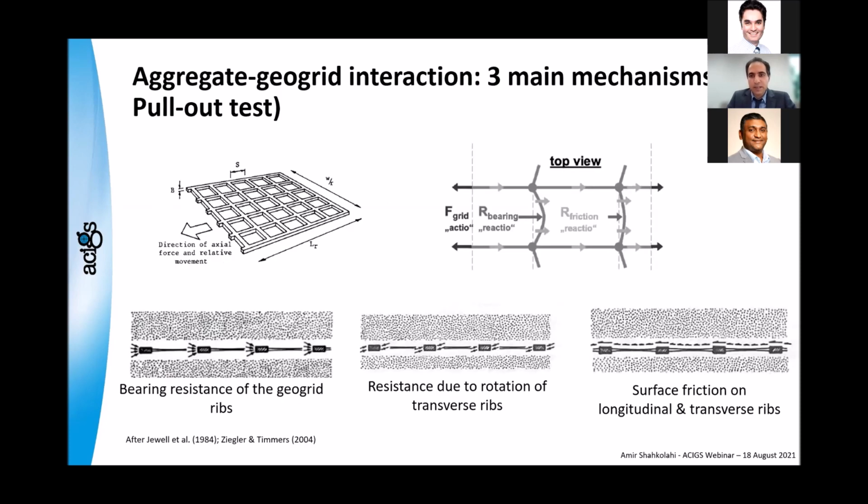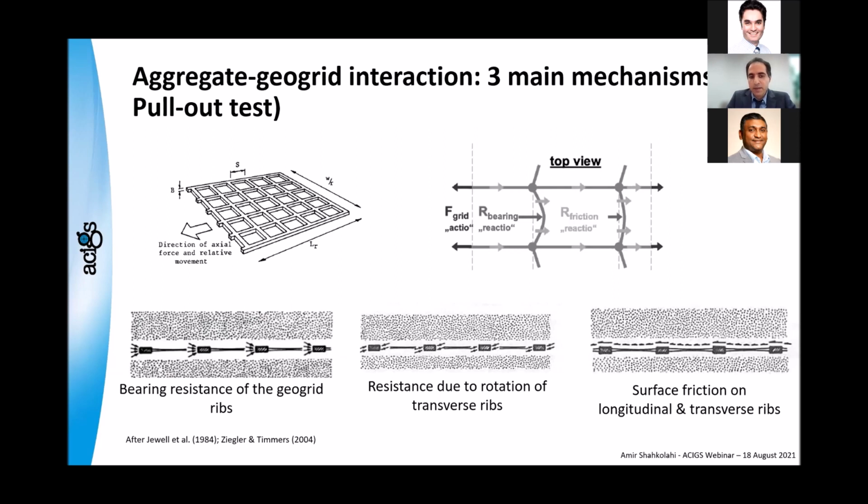For example, this is a pull-out test, and it shows very nicely by Joel how this works. This is the geogrid in a pull-out test. As you can see on the top right-hand side, it shows the forces. So there are three main mechanisms when we have pull-out tests that show the interaction between geogrid and gravel. It can be bearing resistance of the geogrid ribs.